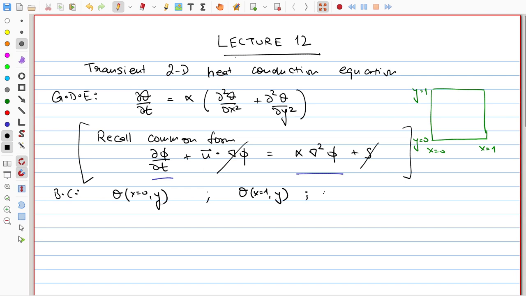The bottom boundary would be y equal to 0, and the top boundary would be y equal to 1. I have not specified the values because different kinds of boundary conditions are possible in this case. I am just letting you know that these are the boundaries where we need some conditions to make it well posed.